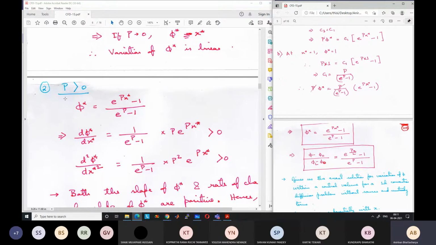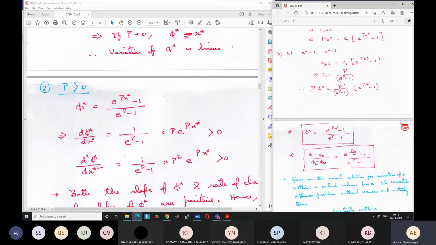Because we are taking p to be greater than 0, e to the power p is greater than 1, so e to the power p minus 1 is positive. p is positive and e to the power p x star is also positive. So the entire term is greater than 0.